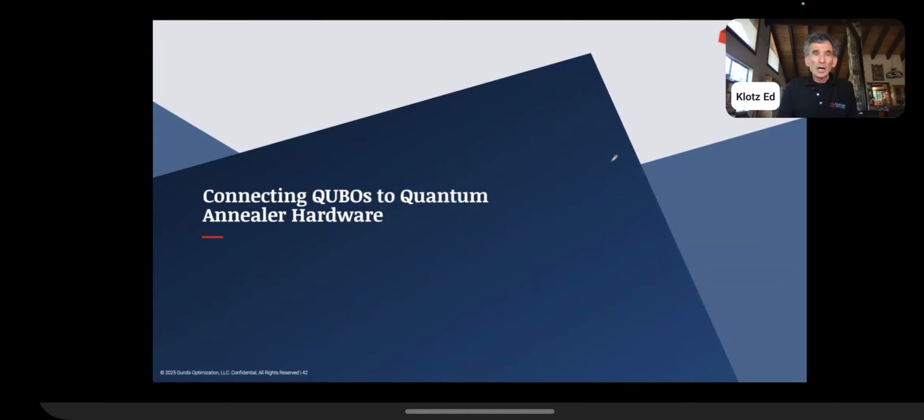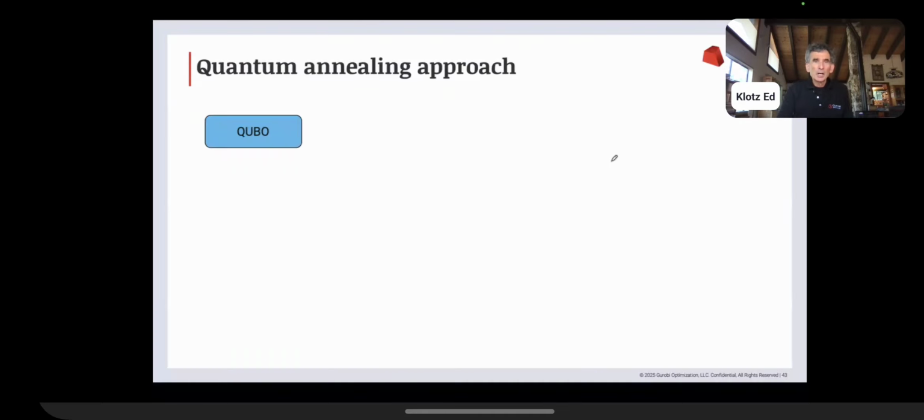But the point is that, at least for D-Wave, they make the annealer as much of a black box as possible, and in some cases you can just give it the QUBO and you're done.